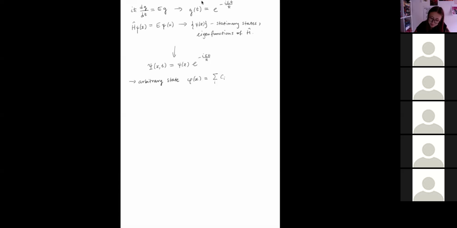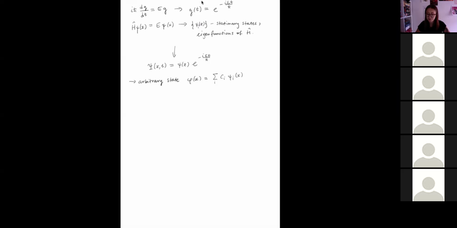So if we label the eigenfunctions of the Hamiltonian psi i of x, then we can write phi of x as just a sum over i of some coefficients c_i, psi i of x.